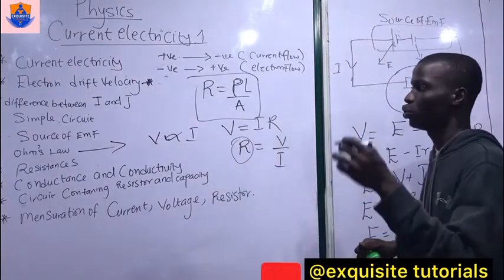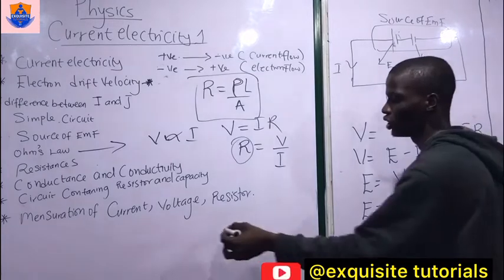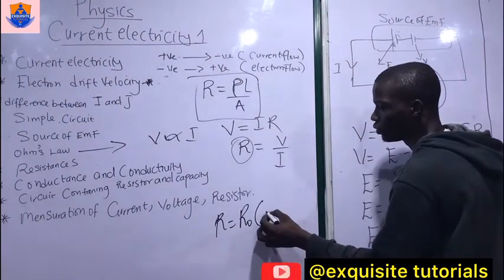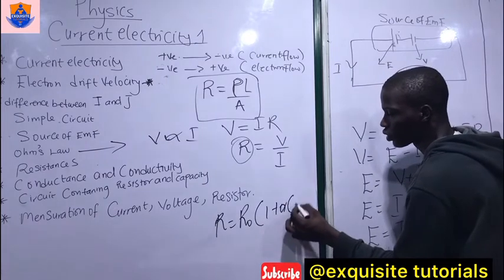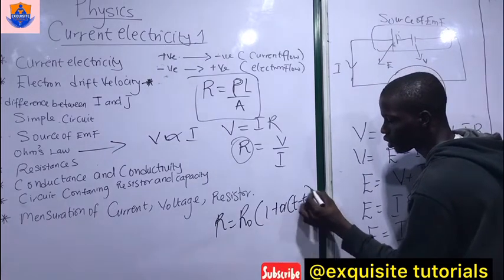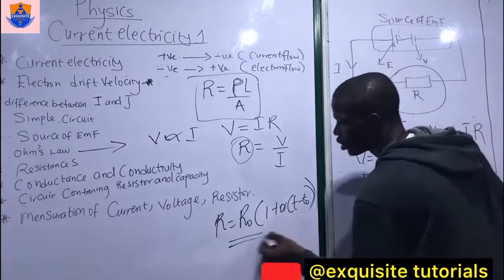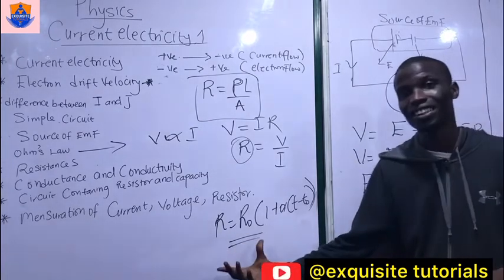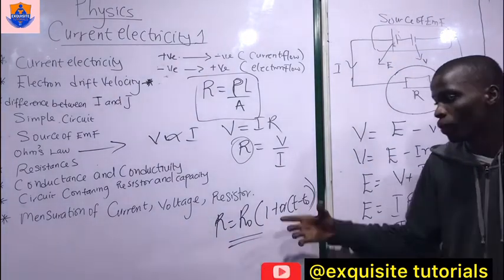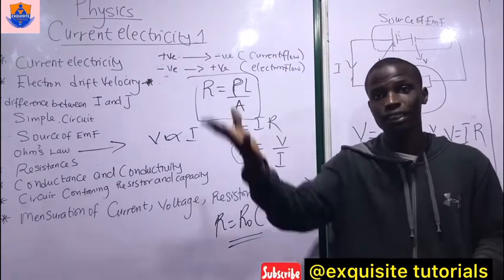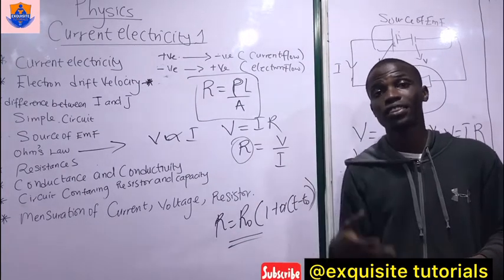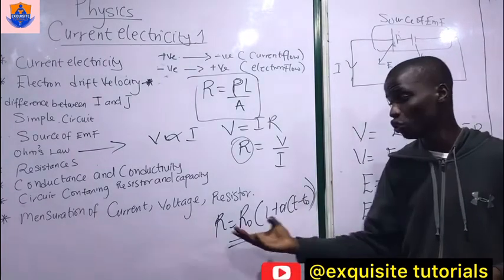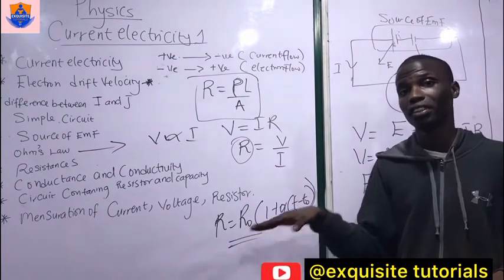This is the formula that shows that resistance is affected by temperature, just like your cubic expansivity, your linear expansivity, and your superficial expansivity.